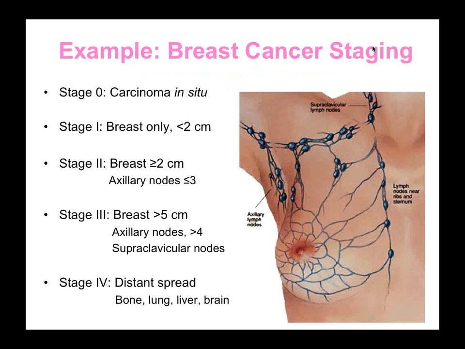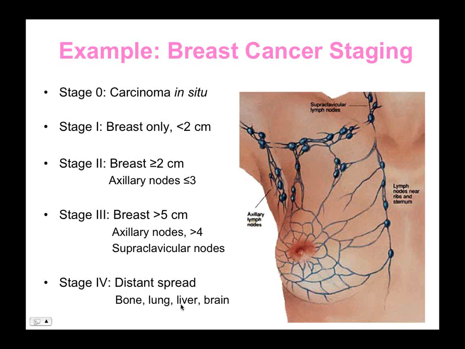So this is an example in terms of staging for breast cancer. Again, you can see that there are 4 stages of invasive breast cancer, stage 0 being non-invasive, and there are a number of factors that are looked at: the size of the tumor in the breast, and then the extent of regional lymph node involvement.